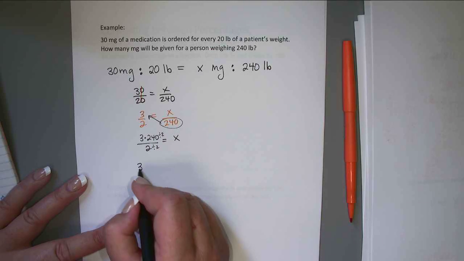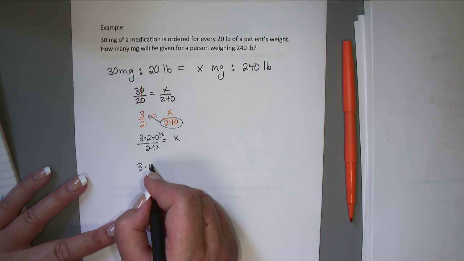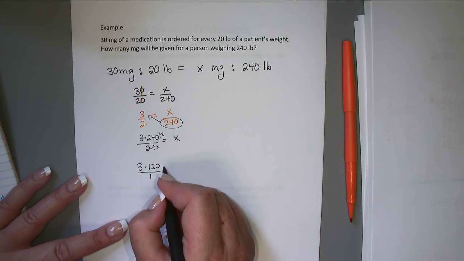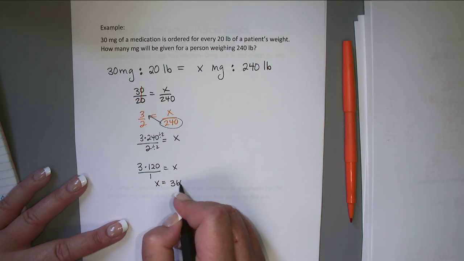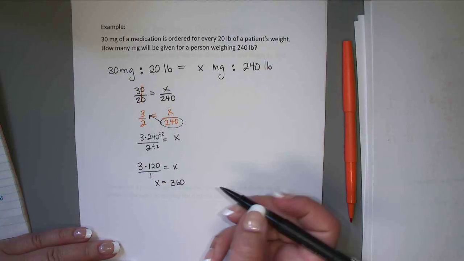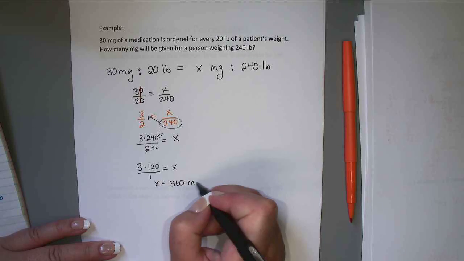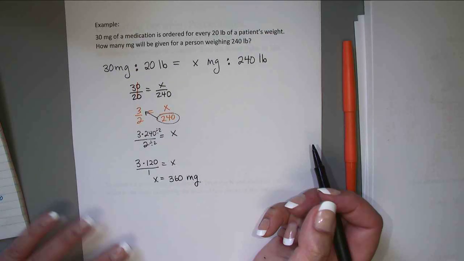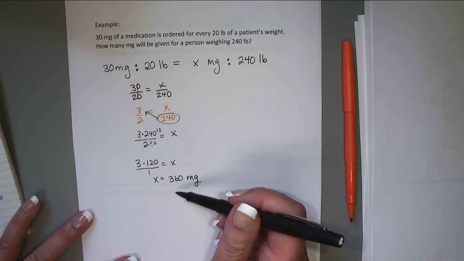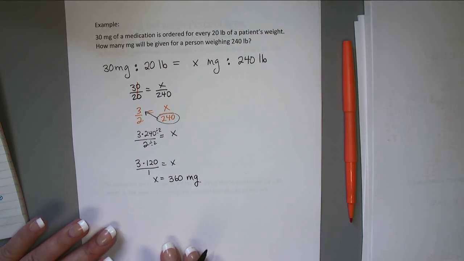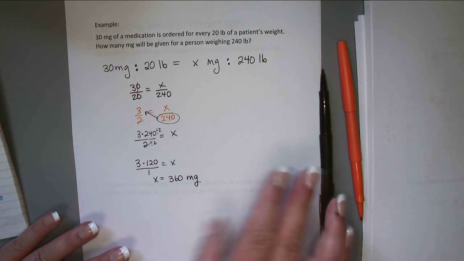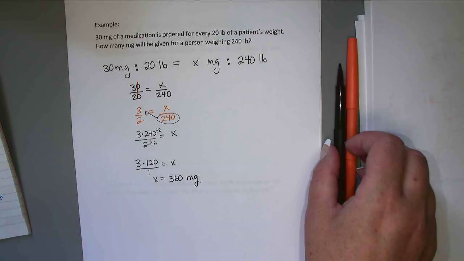So 3 times 120 over 1. So x is 120 times 3, which is 360. So that's milligrams. So we would need 360 milligrams for a person that is 240. Okay, so that's all the examples for this type.